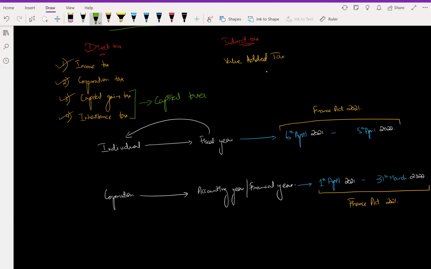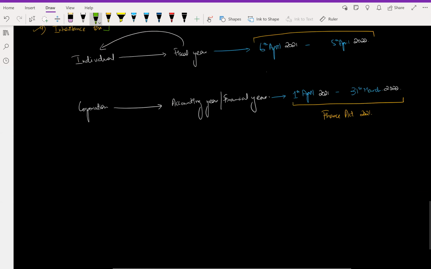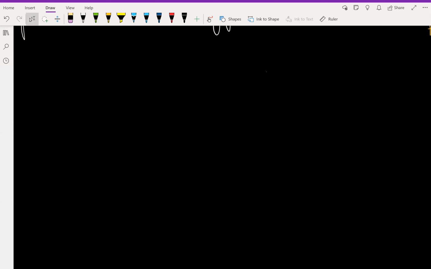Obviously we will look at it in more detail later on as well, but let's try to understand the basics over here. Income tax versus capital tax.